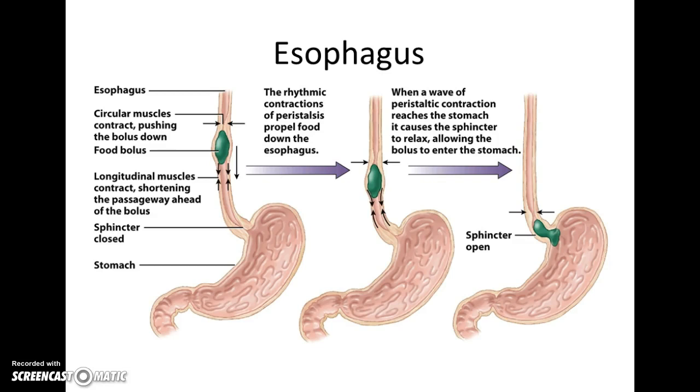The reason for that is the acidity of the stomach is quite high, and if it leaks back into the esophagus, then you can end up having heartburn, is what we typically call it, or gastroesophageal reflux, and if that's chronic, it's called GERD, or gastroesophageal reflux disease. So you can see as the sphincter opens, the bolus of food enters the stomach, and then the sphincter will close again.